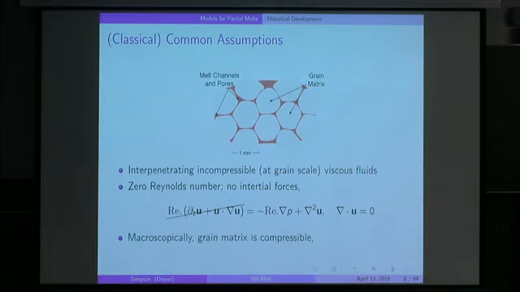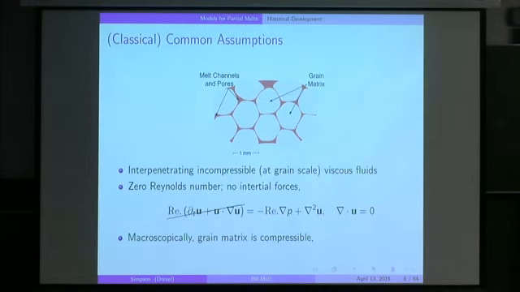But some of the things that we want to see is macroscopically we want to see that there's this effective compressibility of the grain matrix. We should be able to squeeze the grain matrix and expel fluid from the pore channels. We should be able to dilate it and suck fluid in, which is a property that is not found at the grain scale. The grains are effectively incompressible, but we're going to see an effective property that emerges, which is compressible behavior.